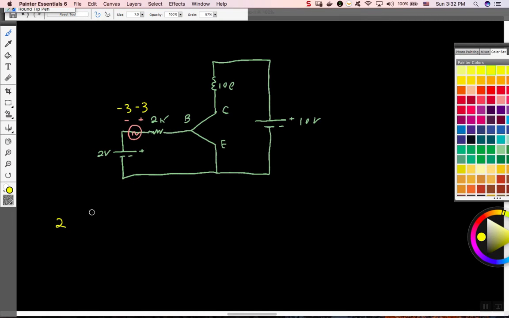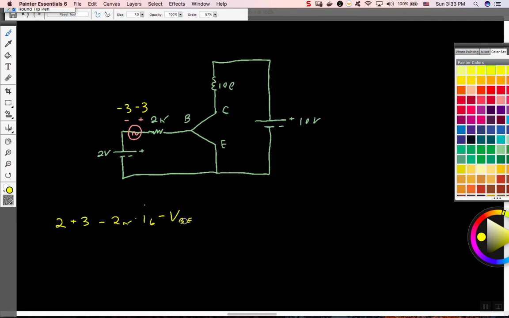Maybe we can take the maximum, and let's say that's 3 volts, so that's at the maximum, minus 2k IB minus VBE, and then we have to figure out what VBE is.